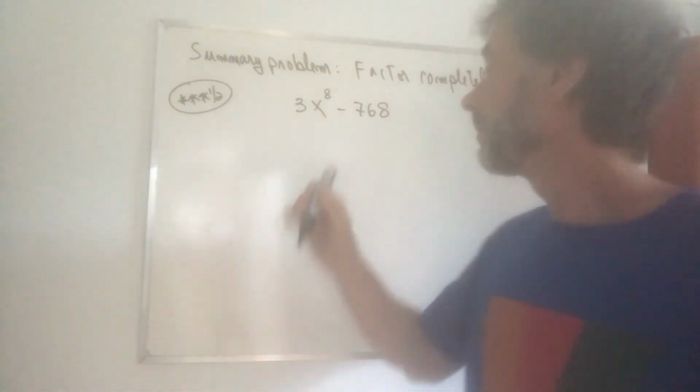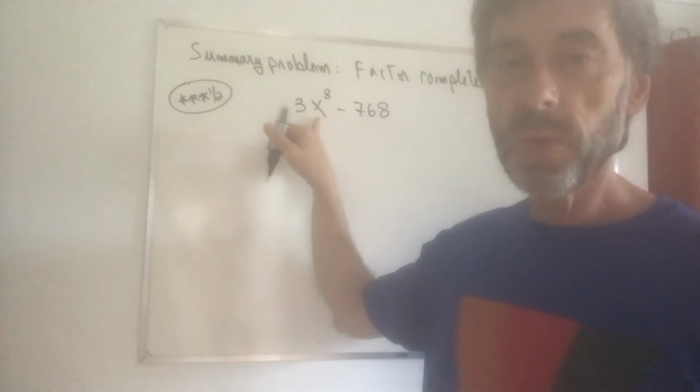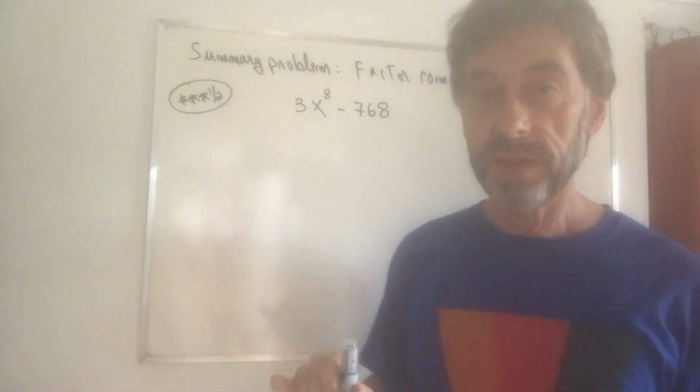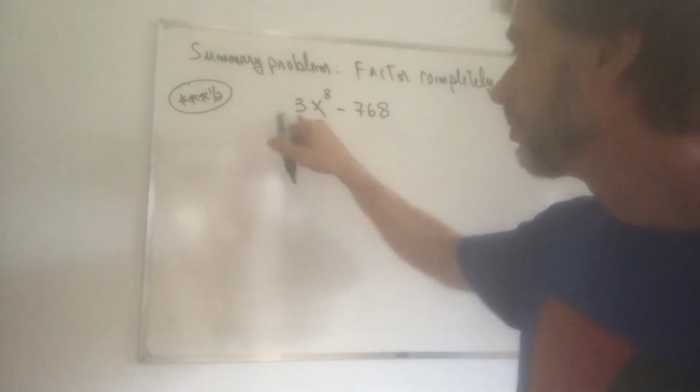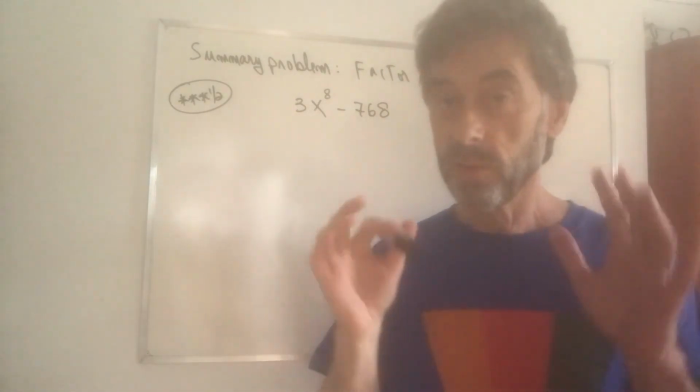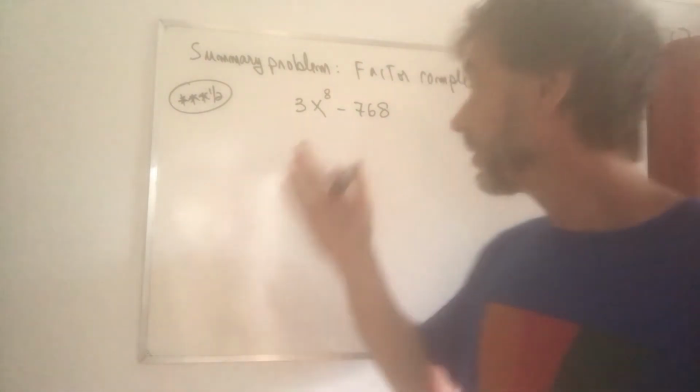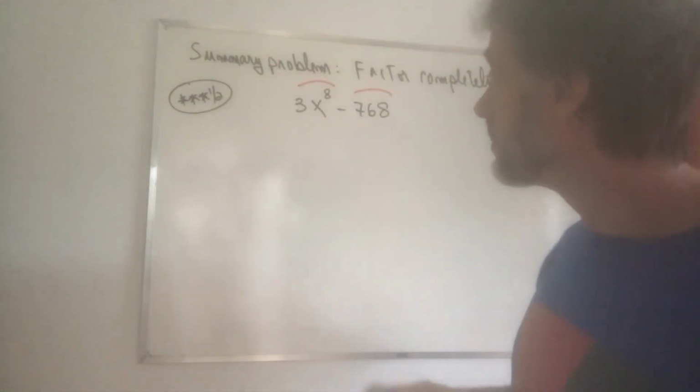All right, 3x^8, is that a perfect square? No, 3 is not the square of anything. Is that a perfect cube? No, 3 is not the cube of anything. What does that suggest? Now we should actually look for a common factor between this guy and this guy. Is there a common factor between 3 and 768?